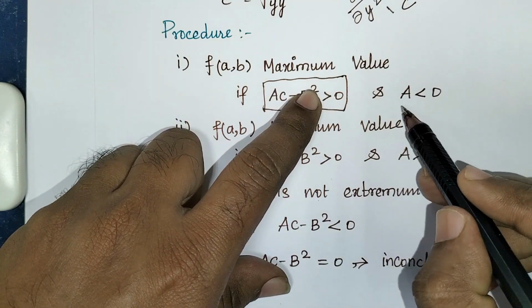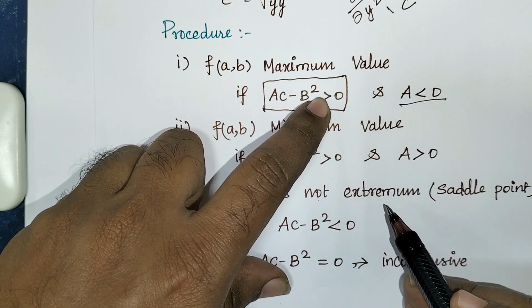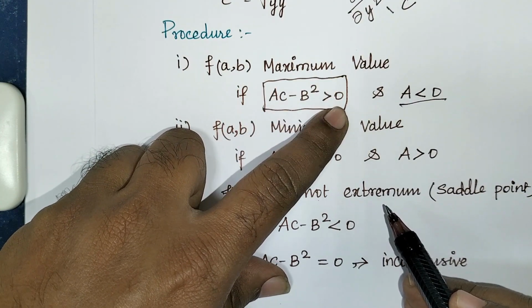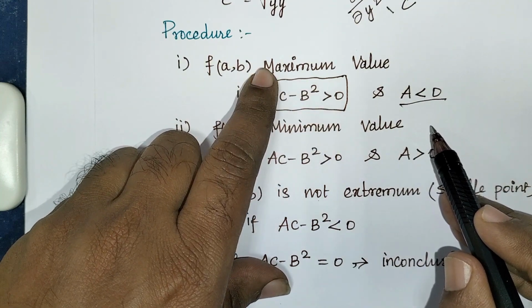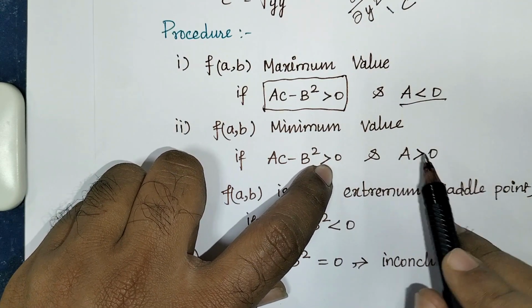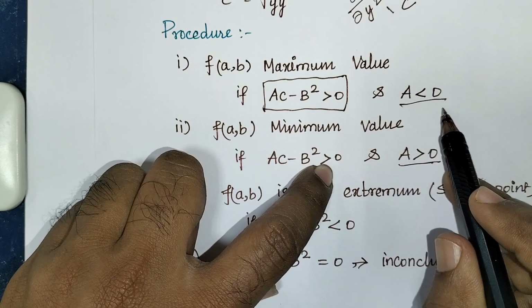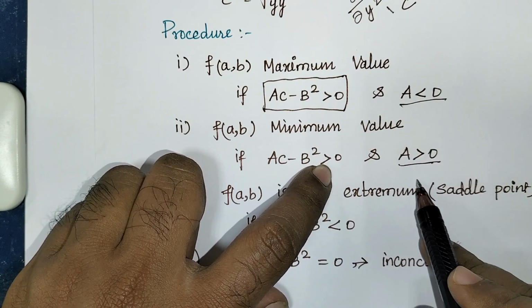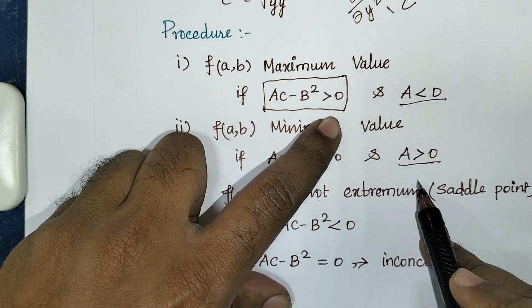And here additionally, a less than 0. When ac minus b square greater than 0 and a less than 0, it is a maximum. If this condition is satisfied, greater than 0, but the value of a is greater than 0, it is a minimum. These two you should remember always: a less than 0 means maximum, a greater than 0 means minimum. ac minus b square greater than 0 is always to be satisfied.